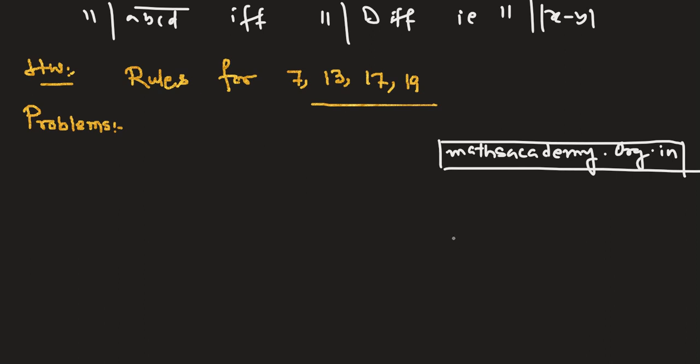Before solving the questions, one important result I want to discuss here. So dear friends, I'm going to discuss one important result, then after that we will do the problem.